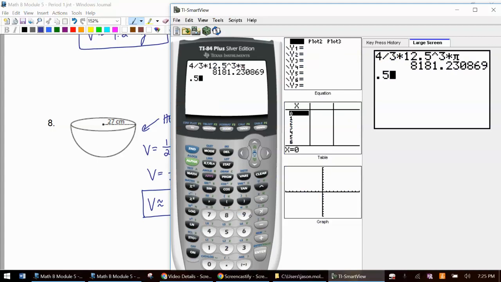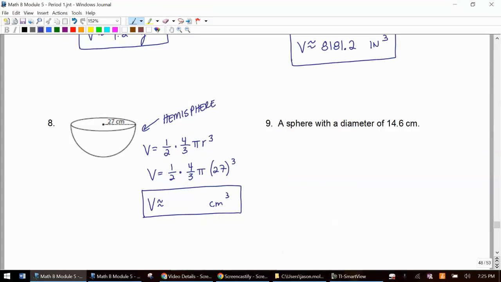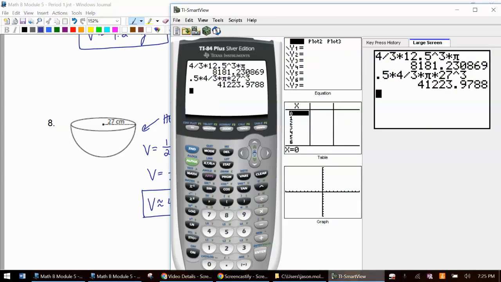So we got 0.5 times 4/3 times pi times 27 cubed. Make sure we got everything there. I think we do. And round to the nearest tenth, this 7 is going to cause the 9 to go up. And so we got 41224.0.